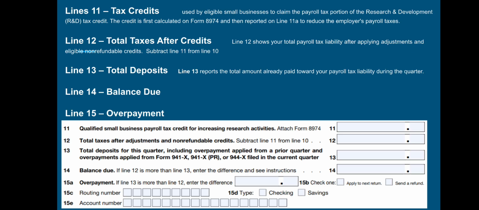If there is any overpayment, then you have to check one of the options in line 15B. Either you want to apply that to the next return, or you want IRS to send you a refund. If you want a refund, then you have to mention the bank details as mentioned in 15C, 15D, 15E.